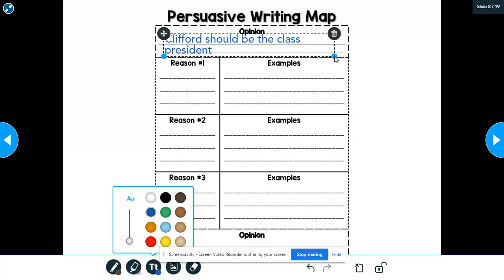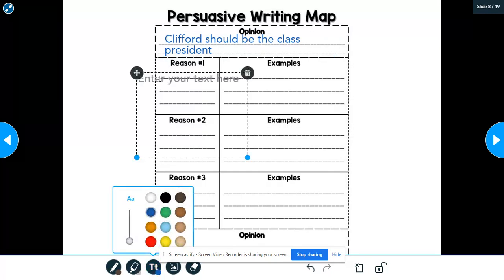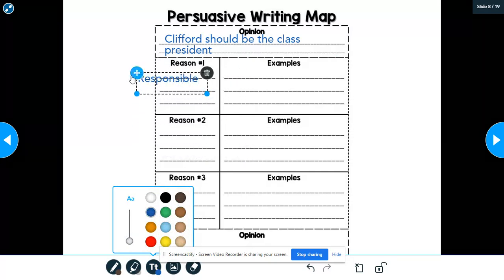So in my case, my stuffed animal's name is Clifford. So I'm going to put my opinion is that Clifford should be class president. Okay, why? Reason number 1. My first reason is going to be, like I said, when I circled my answer choice, he's responsible.